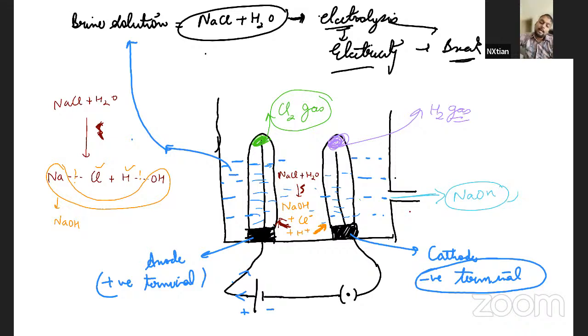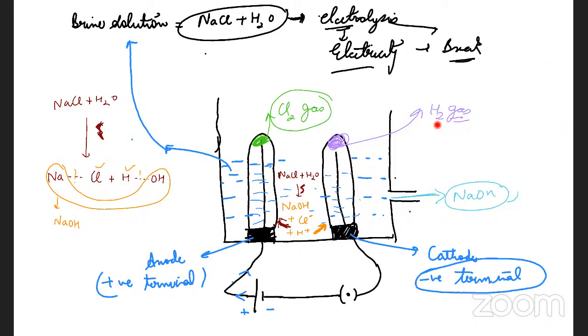So here, when NaCl and water reacted and it goes through the electricity, it forms NaOH, like I told you, and Cl minus and H plus. Cl minus will move towards the positive terminal, which is anode, make chlorine gas on anode, and H plus will go towards the cathode, make hydrogen gas at cathode. Understood, guys? So this is what electrolysis of brine solution we learned. Any problem in that?